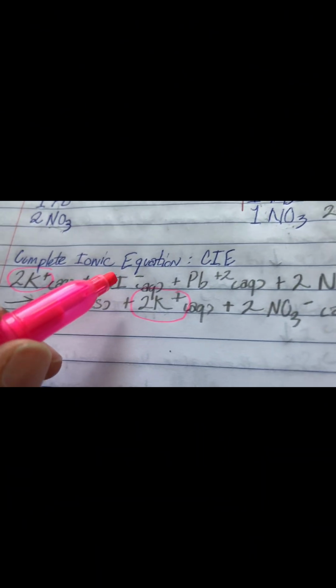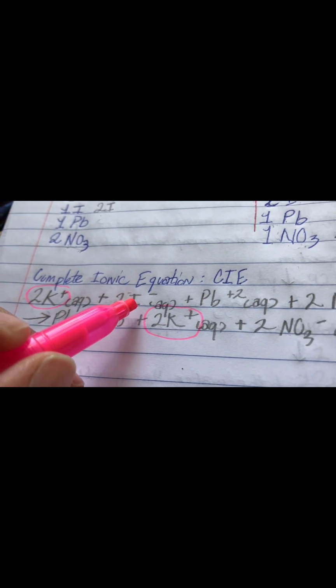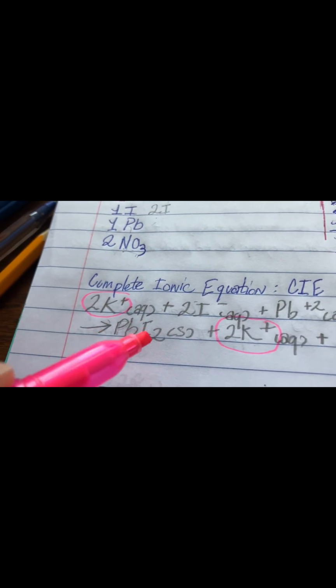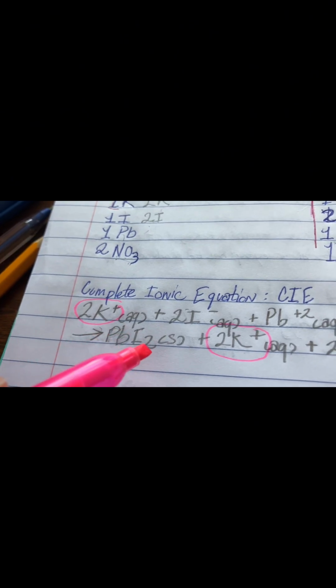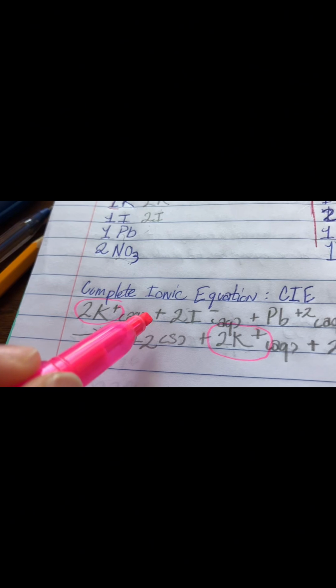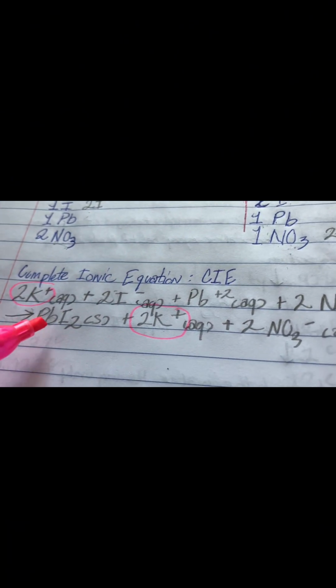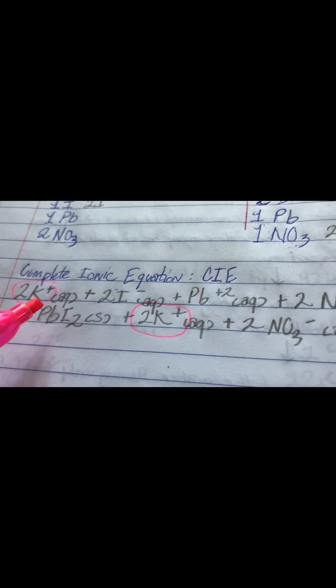What about I? There's 2 I ions, negative ions. But you see here, I can't be split up because it has turned into a solid. So, it is not a spectator ion. What about lead? It is also not a spectator ion because it is with iodine.